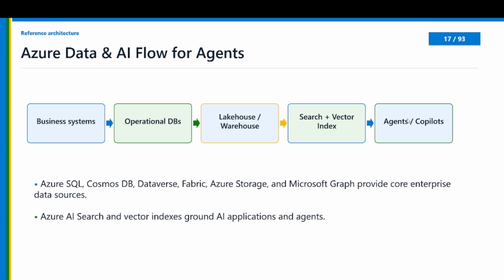And then the agent connects to the vector database. You can see that the agent doesn't connect to the lakehouse or warehouse directly, because that is where you have the historical data, so you cannot connect the agent to the entire historical data. You connect the agent to the vector database, and your vector database is also built based on domain.